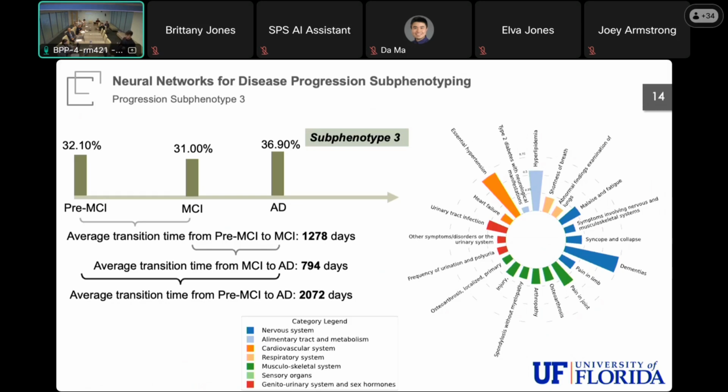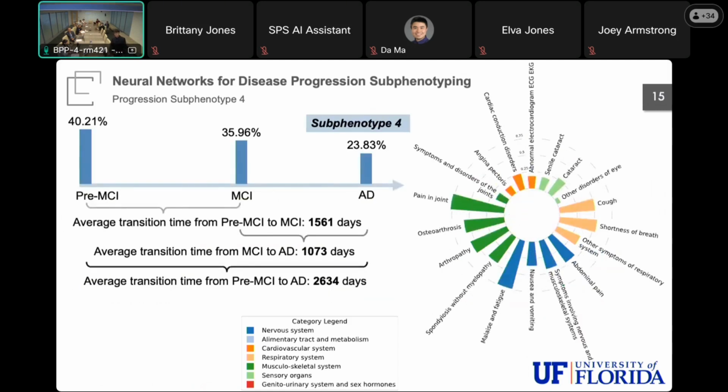This infection also often presents as delirium and would affect the development of AD. So we can see that the progression time is very fast in this subphenotype. The average progression time from pre-MCI to AD is 2,000 days.